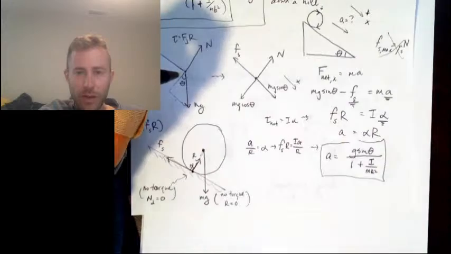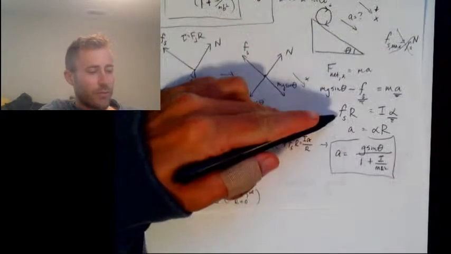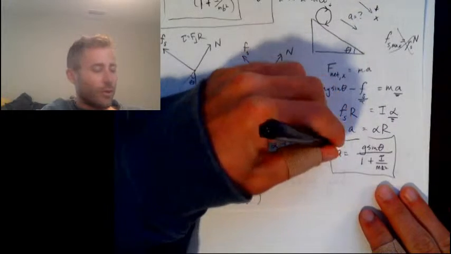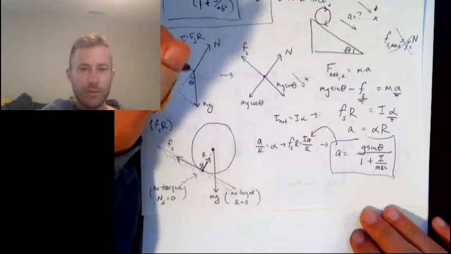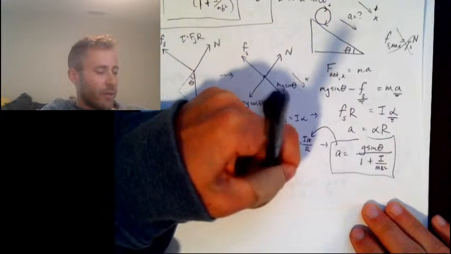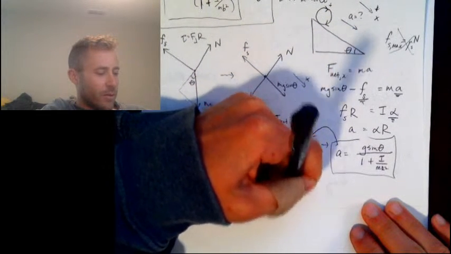Now, let's suppose I wanted to calculate static friction. I would then plug this result for the linear acceleration back into that equation. So static friction is I a over r squared.